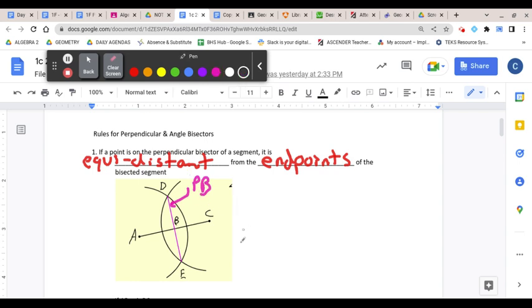And AC is being bisected. So what this means is that if we drew a line from D to A and a line segment from D to C, the length of DA would equal the length of DC.